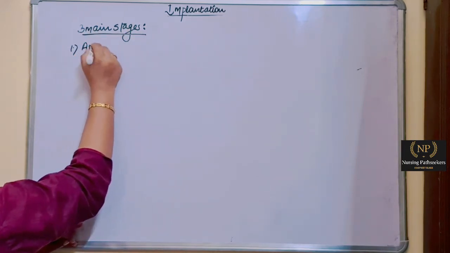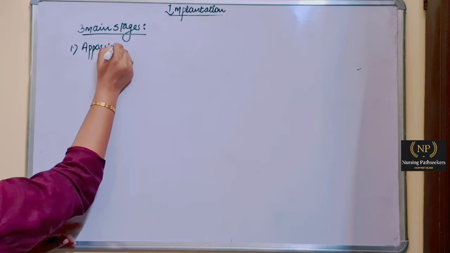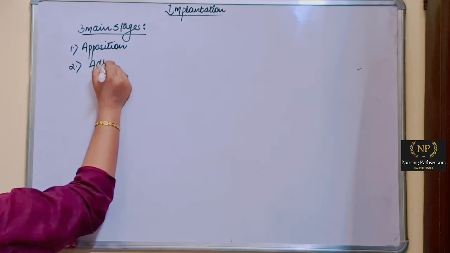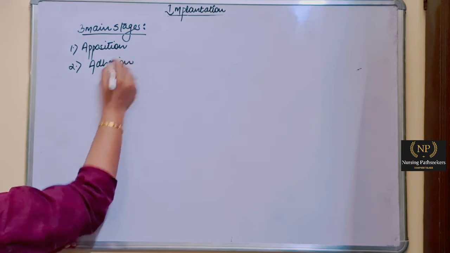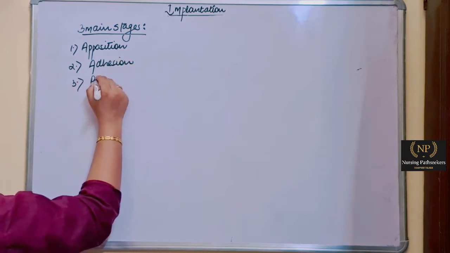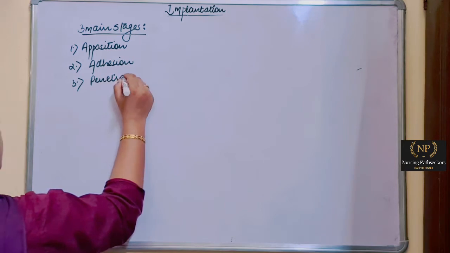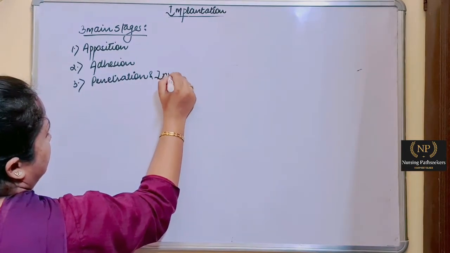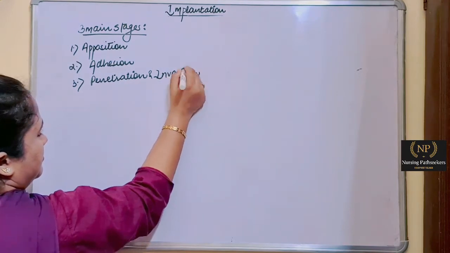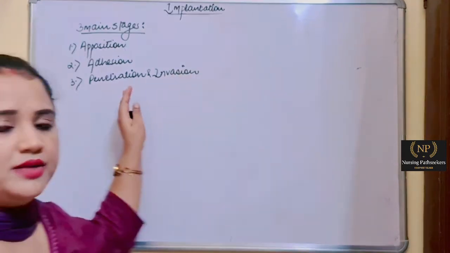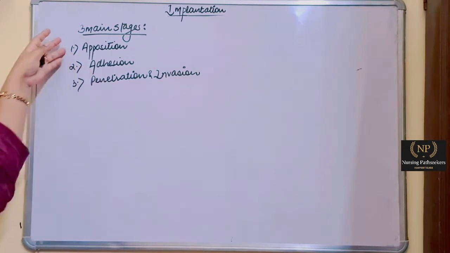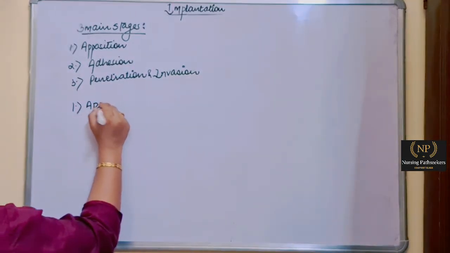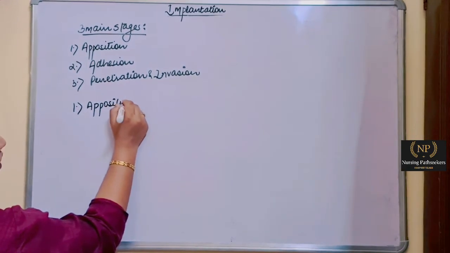First is apposition, second is adhesion, and third is penetration and invasion. We are going to study the process of implantation in these three different stages, starting with the very first stage called apposition.